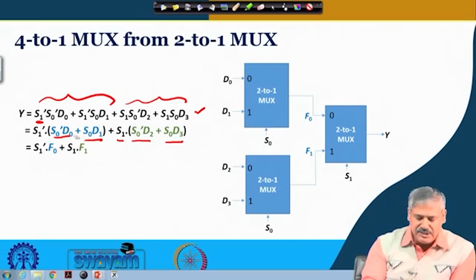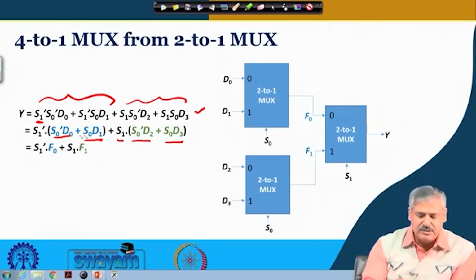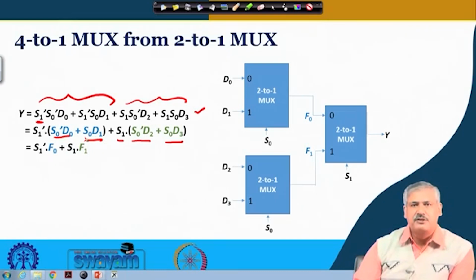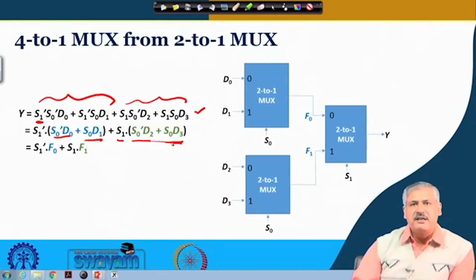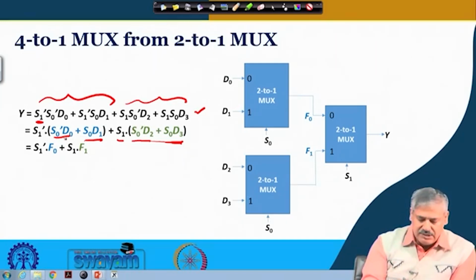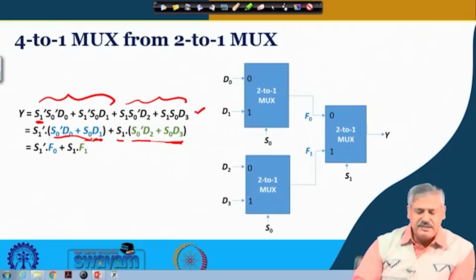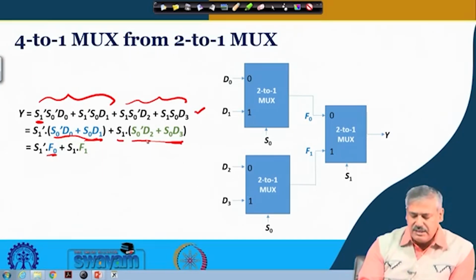Now if you look closely at these two SOP terms, what is it? It is nothing but a 2 to 1 multiplexer equation. And this is also a 2 to 1 multiplexer. So basically you have this realized by a 2 to 1 multiplexer, and this by another 2 to 1 multiplexer.